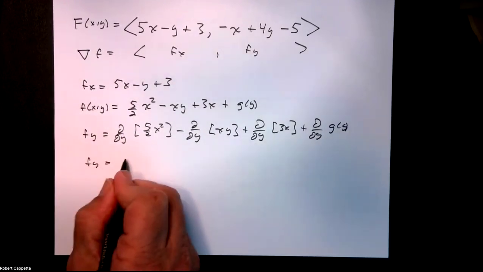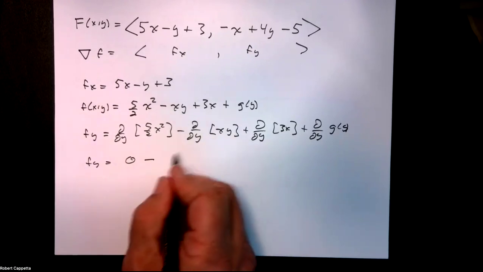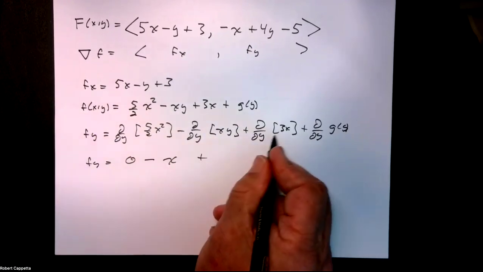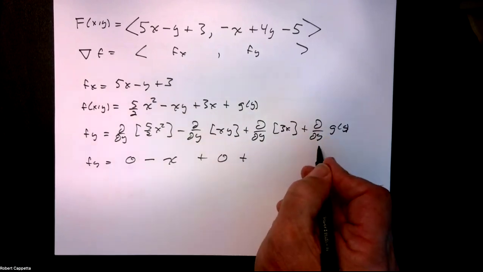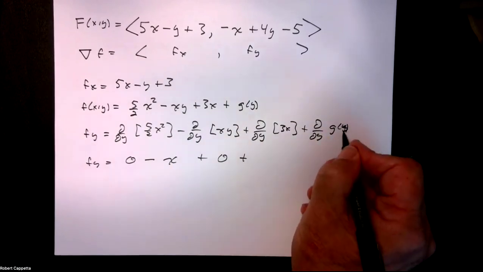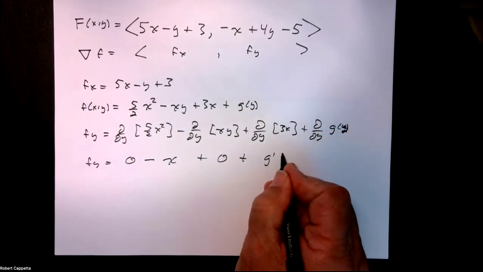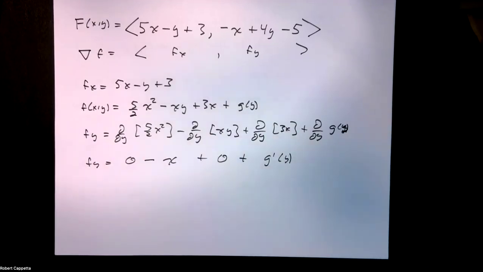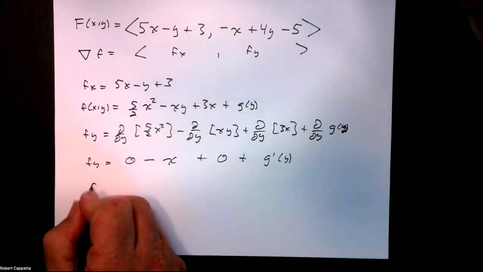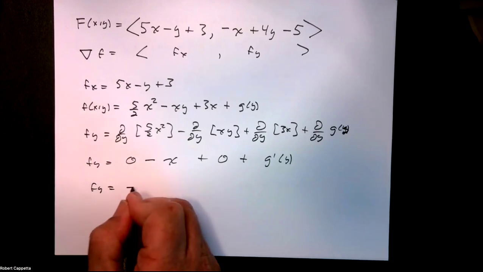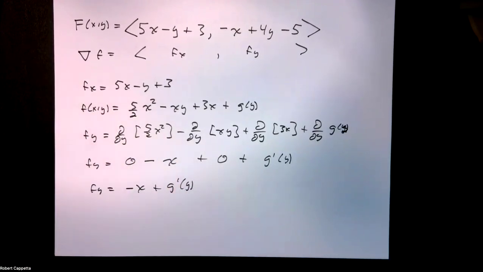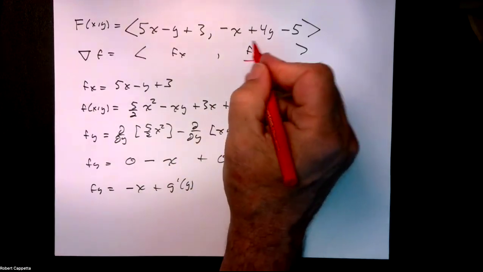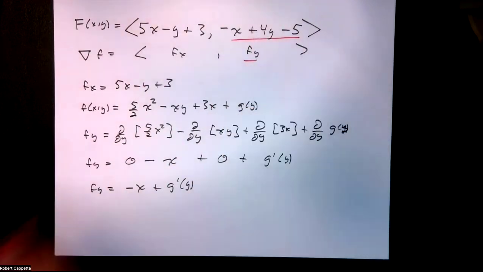So f sub y is 0, minus, with respect to y, that's x, plus with respect to y, that's 0, plus the partial derivative with respect to y of g of y is just g prime of y. So this is telling me then that f sub y is negative x plus g prime of y. But looking up top, f sub y is supposed to be negative x plus 4y minus 5.